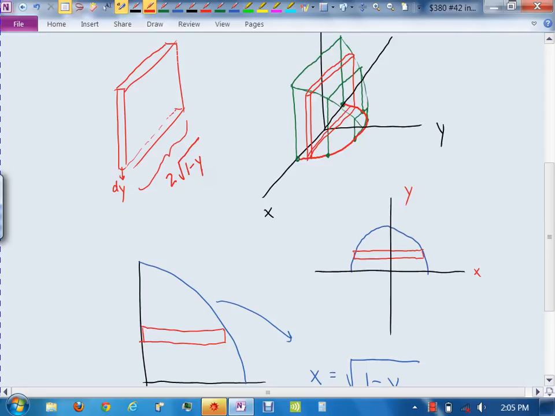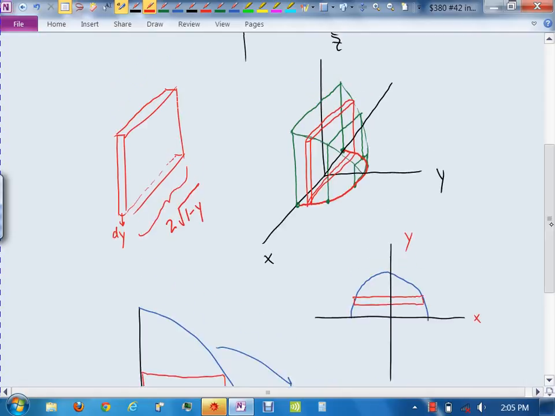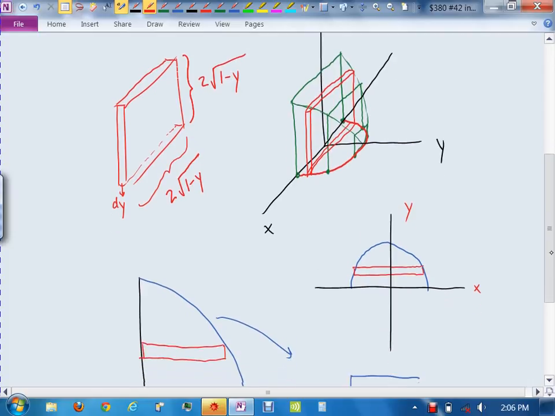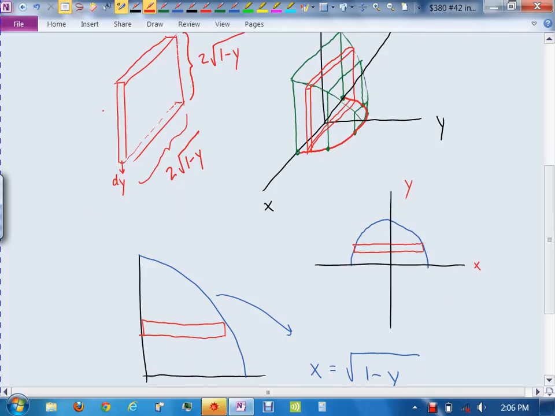Isn't it? And then how tall is it? It's a square. They told you in the problem it's a square. So it's 2 square root of 1 minus y. So what is the volume then of that one little sliver right here?